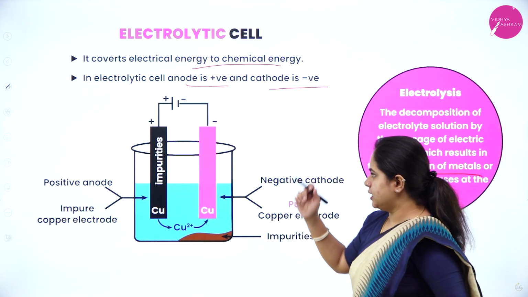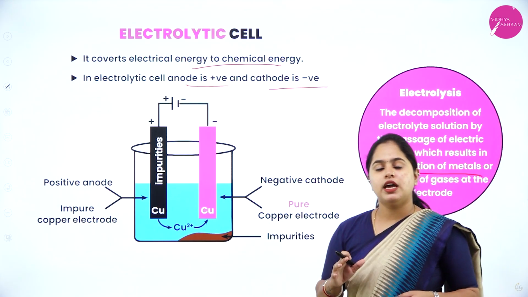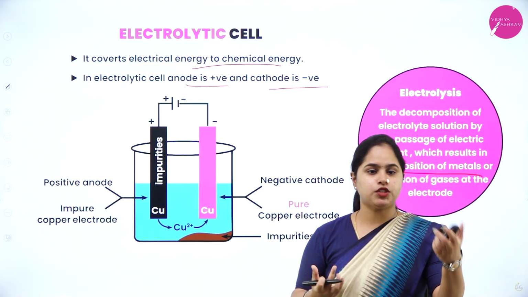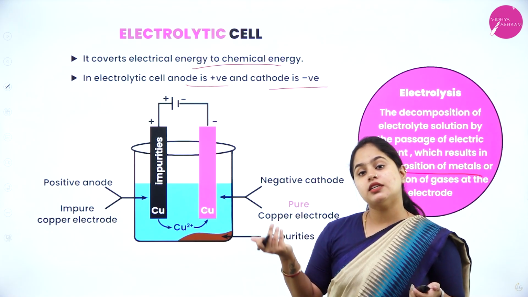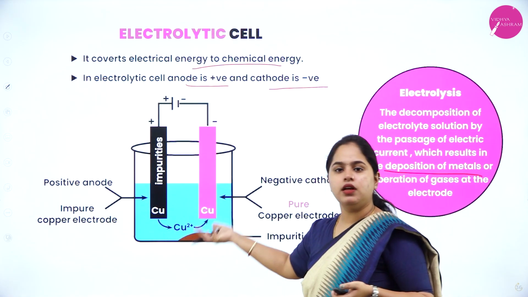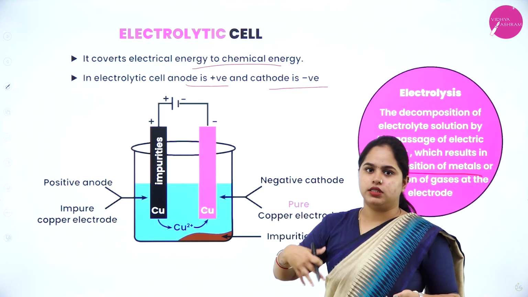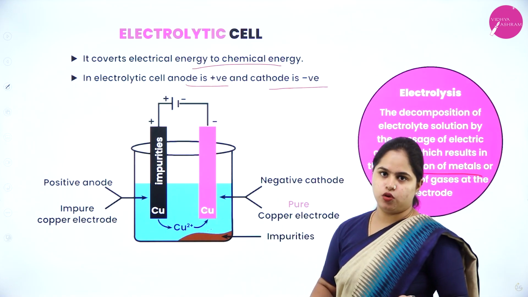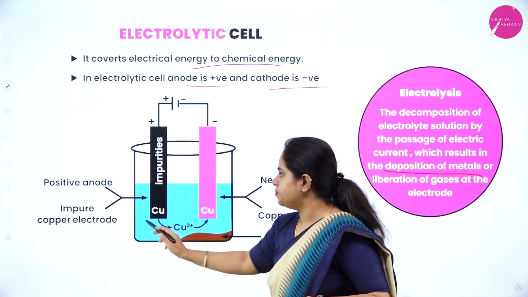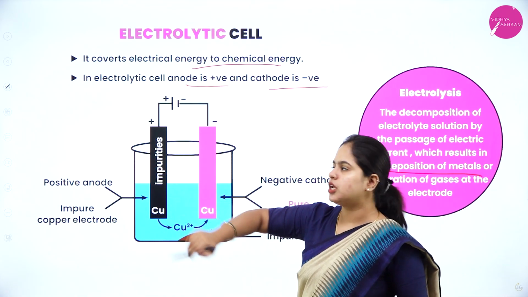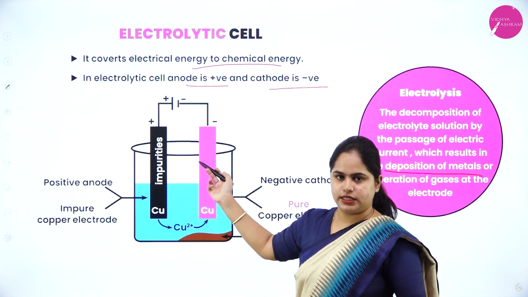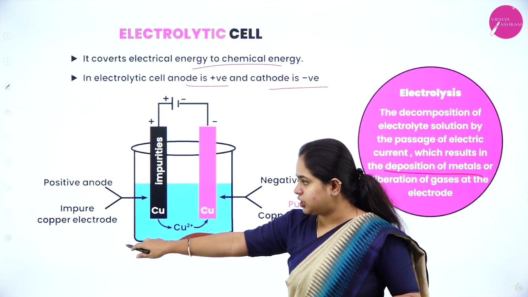So now let's understand the apparatus. We have studied the electrochemical cell, in which we had 2 half cells. But in the electrolytic cell, you only have a single cell, in which both anode and cathode are dipped. You have an electrolytic solution, a positively charged anode, and a negatively charged cathode. At the anode, oxidation takes place.